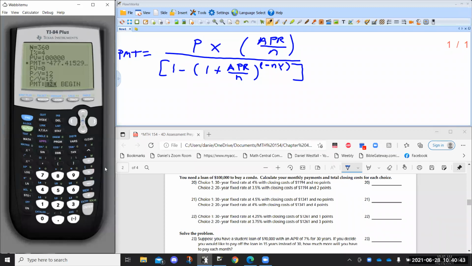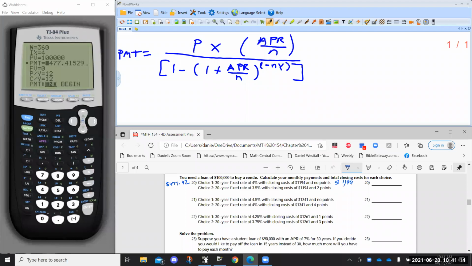So your monthly payment on the first option here is going to be $477.42. Now your closing costs are going to be 0 points. So there's no closing costs other than this number over here, 1194.